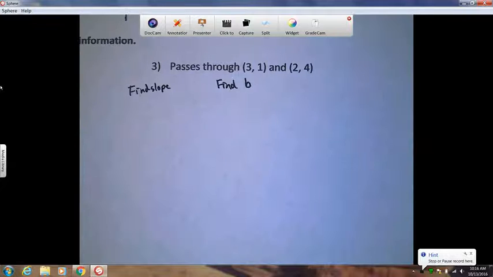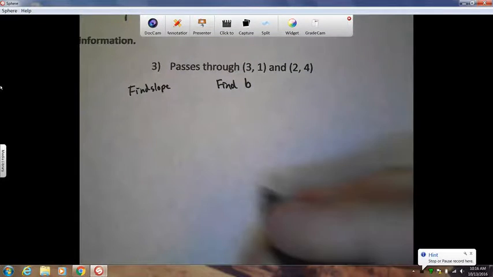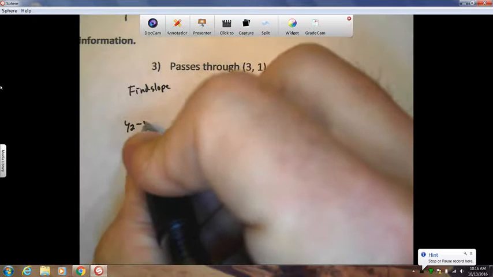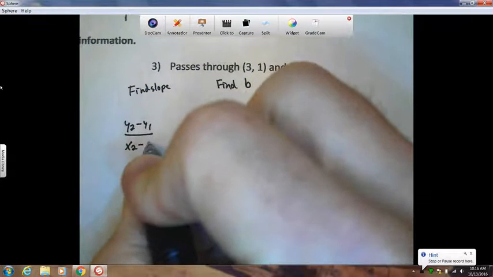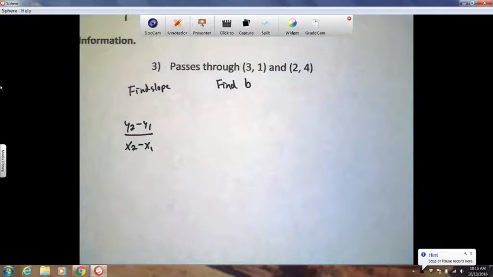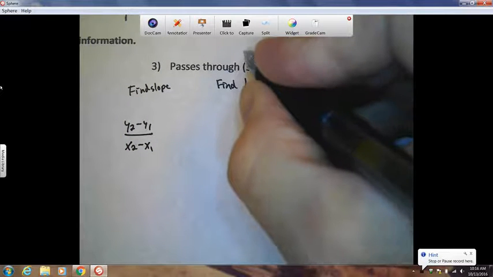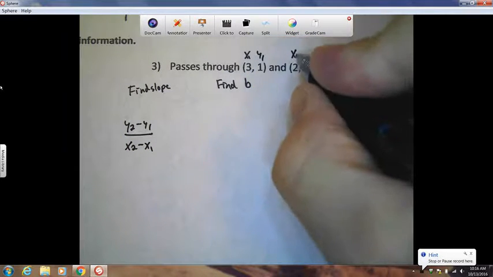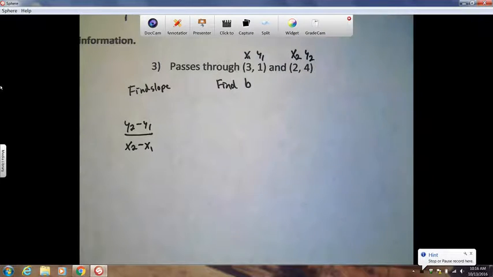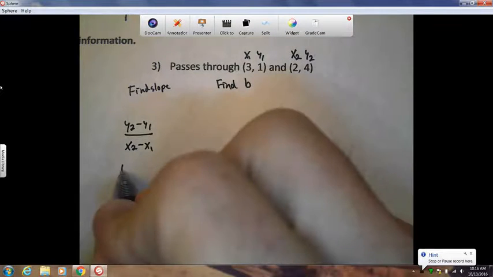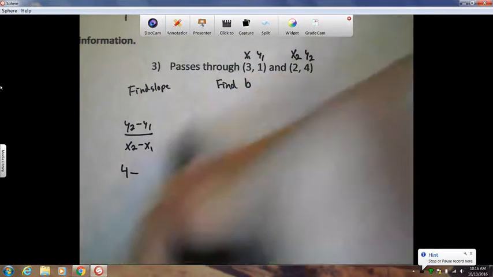Okay, so to find my slope, I'm going to use my slope formula. Looks like that. I'm going to label. Remember, each ordered pair has an x and a y, so x1, y1, x2, y2. So y2 is 4, y1 is 1, 2 minus 3.